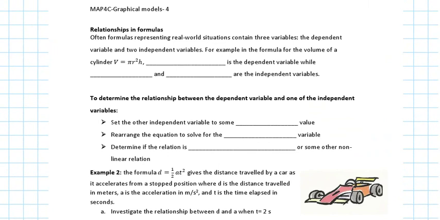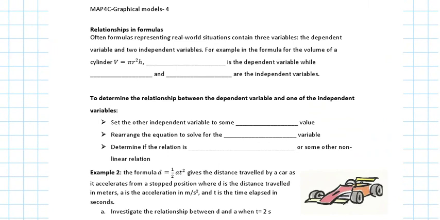Okay? Which one is your dependent variable? The volume is dependent, and it depends on what? On r and h, right?